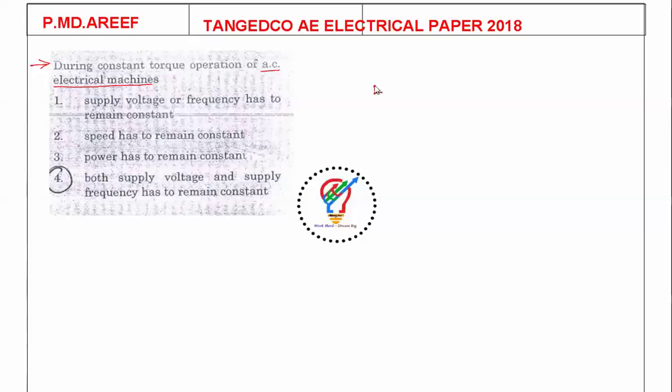The EMF generated is equal to 4.44 into F, the frequency, into B into A, into the number of turns, that is 4.44 into F into phi into N. So E is proportional to F into phi, since 4.44 is a constant and the number of turns is constant.